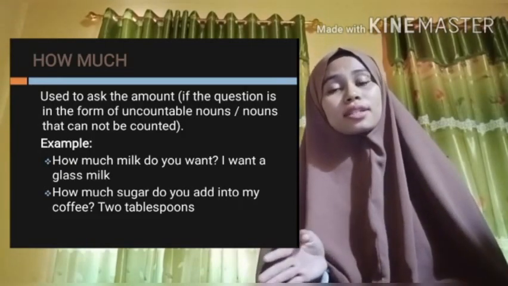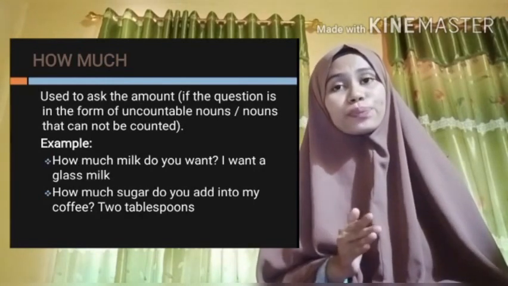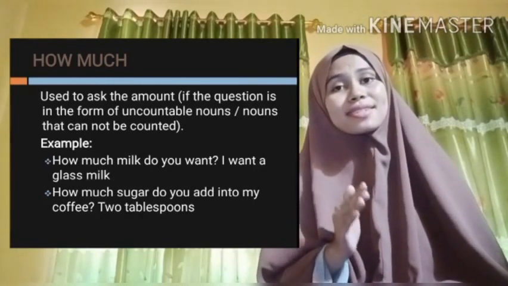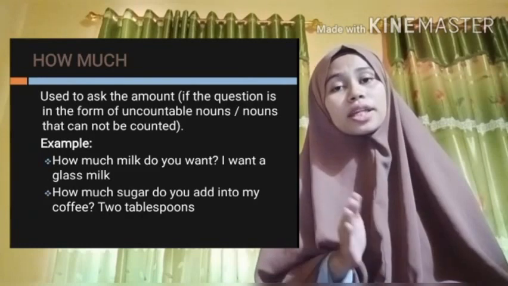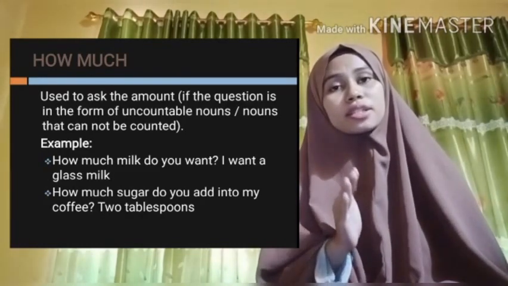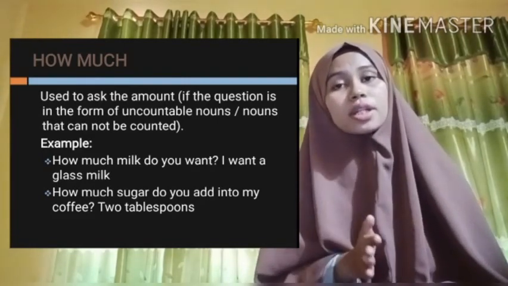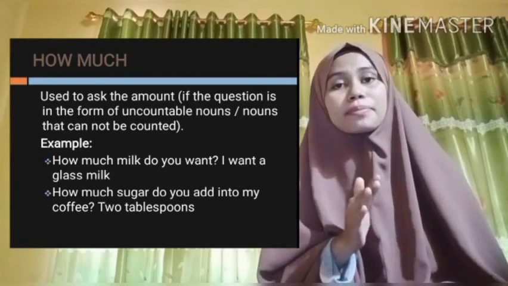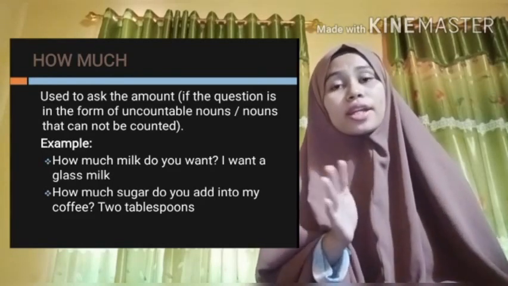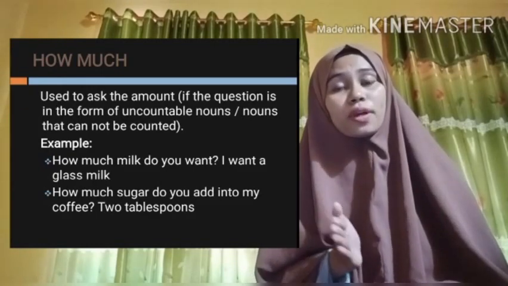The next is how much. How much is used to ask the amount if the question is in the form of an uncountable noun. For example, how much milk do you want?